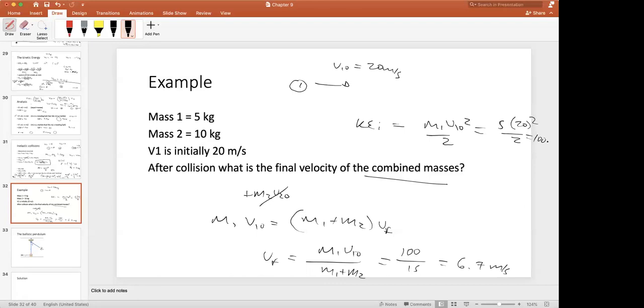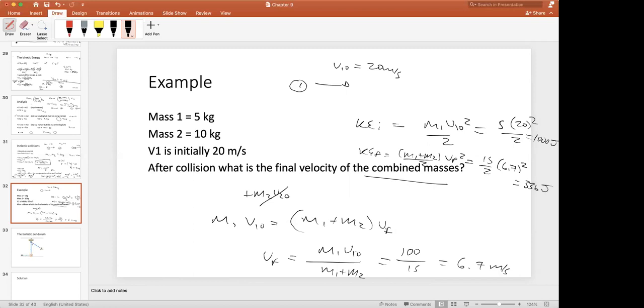That's 1,000 joules. The kinetic energy final is m1 plus m2 divided by 2 times v final squared, or 15 over 2 times 6.7 squared. And 15 divided by 2 times 6.7 times 6.7 is around 337 joules. Let's just say 336 joules.